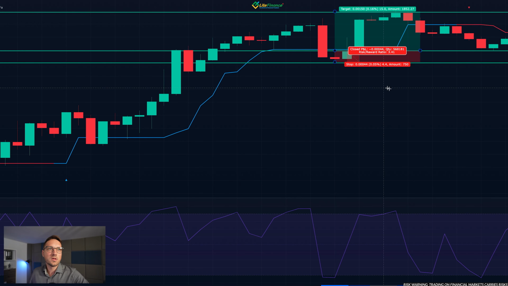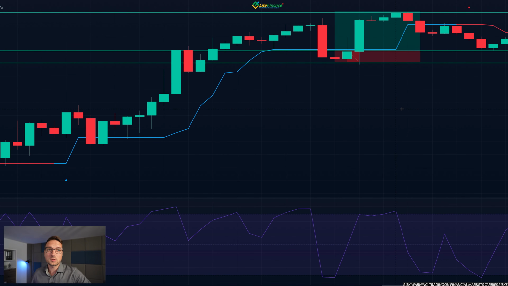In this example, the risk-reward ratio is 3.4. So as you can see, you would earn more than 3 times more than you potentially would risk. So basically that's the example for a buy trade.